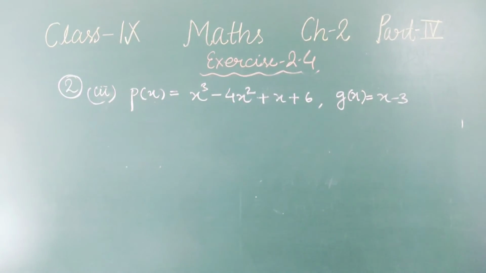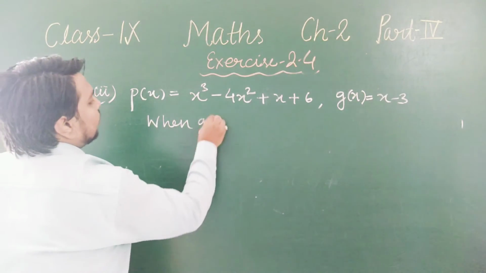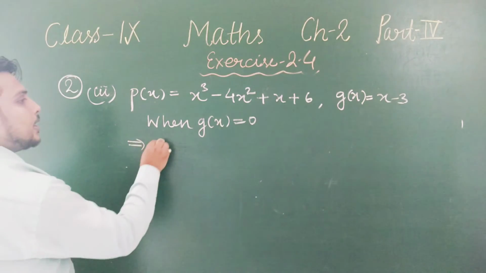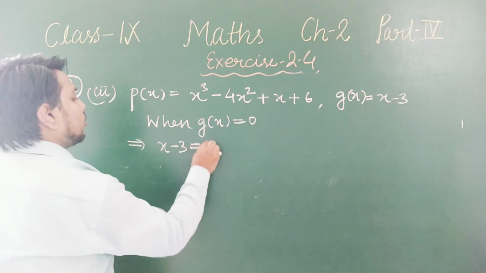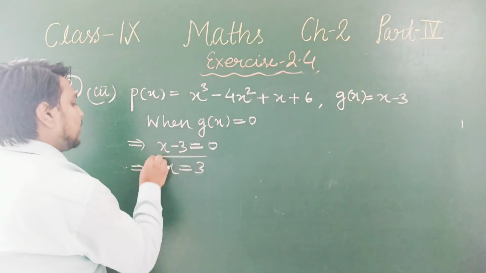So we need to check whether x minus 3, that is g(x), is a factor of p(x) or not. How will we find it? We will write that when g(x) is equal to 0, it means x minus 3 is equal to 0. So x will be 3.